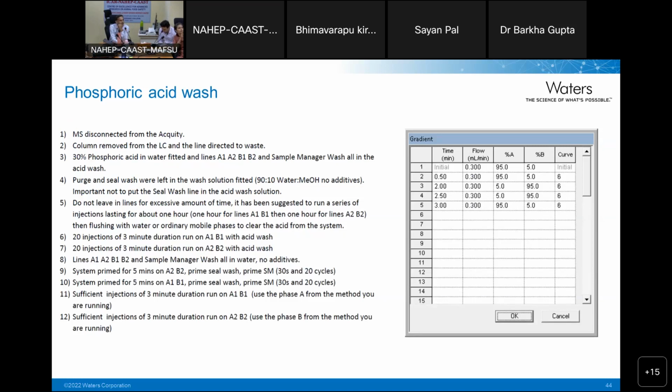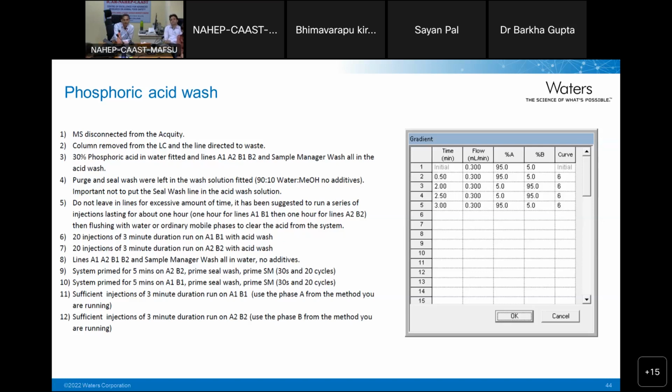wherein you use 30% phosphoric acid and wash all the lines using this type of gradient. And again, care has to be taken. Your column is bypassed.